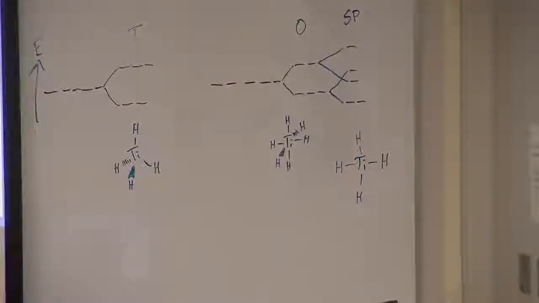For each principal quantum number there is one s orbital, and for principal quantum numbers 1 and 2 there are no d orbitals. Starting from principal quantum number 3, d orbitals appear. How many d orbitals? 5. Why? 2 times 2 plus 1. Good. So you're fine with this concept.